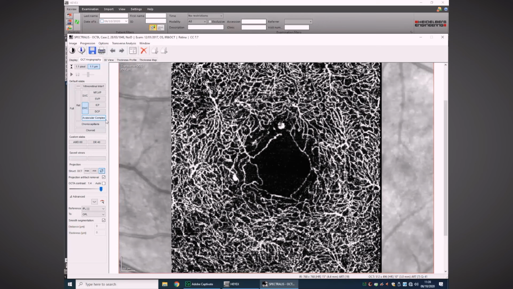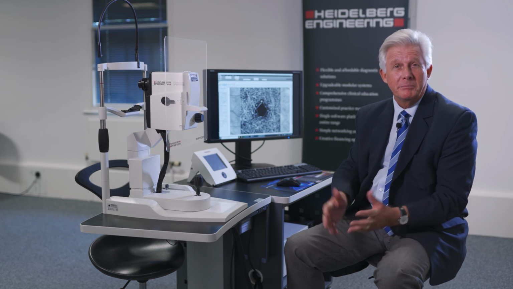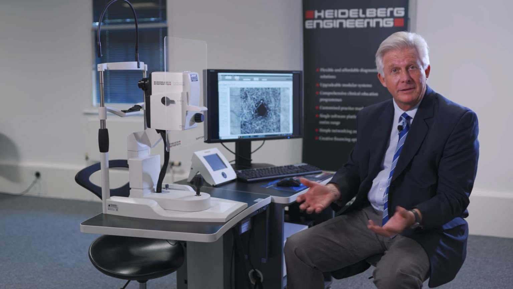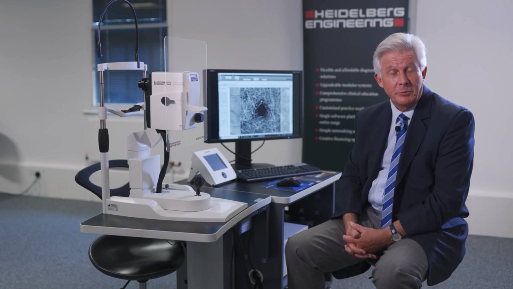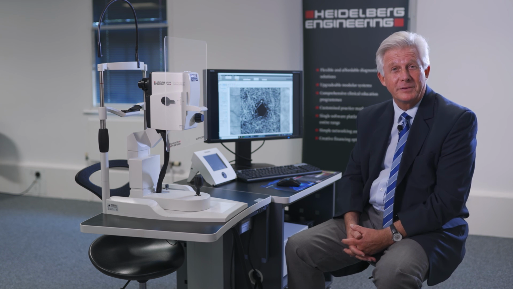And so it may be important in the future to identify those separate plexus. Maybe there are changes in one compared to the other. We're not sure yet, but it would be very useful to be able to switch between those two plexus to know what's going on. So always remember, OCTA is really measuring physiology.